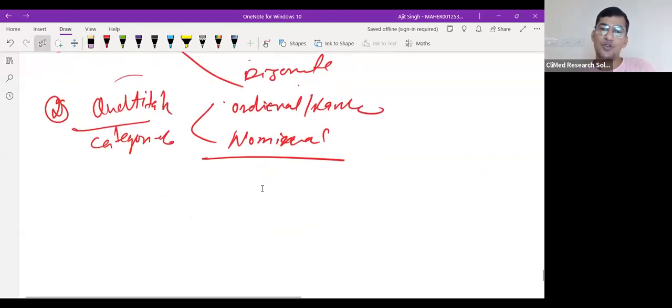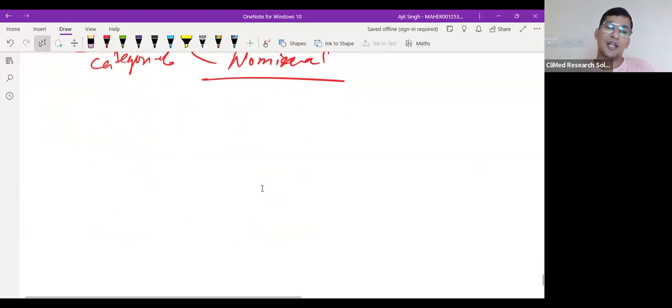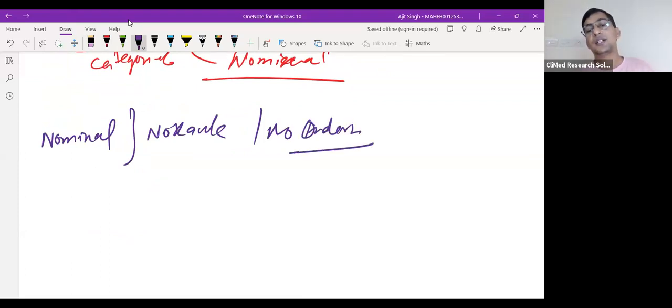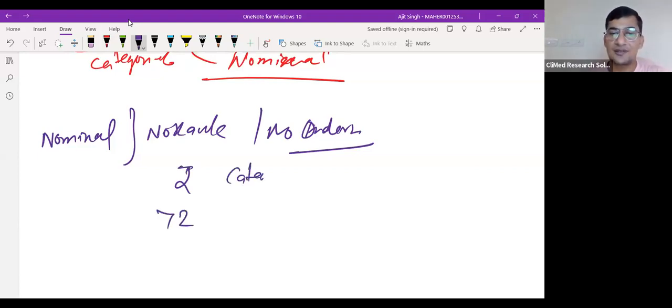Now there are some more special things, like when I'm talking about nominal data, guys. Nominal data means there is no rank and no order. But very important to understand: there can be 2 or more than 2 categories in nominal data.